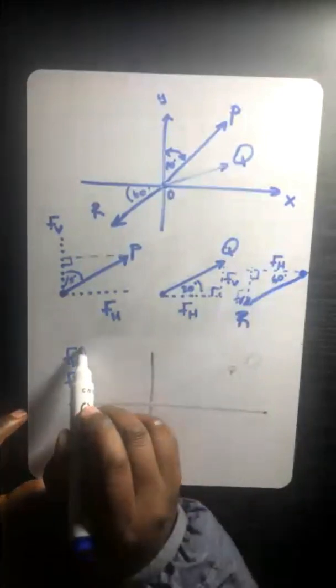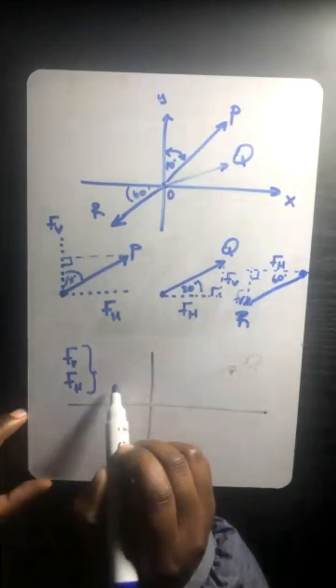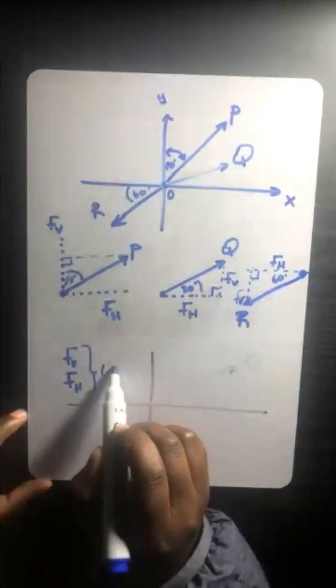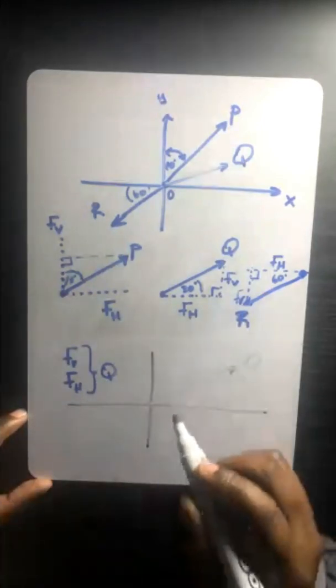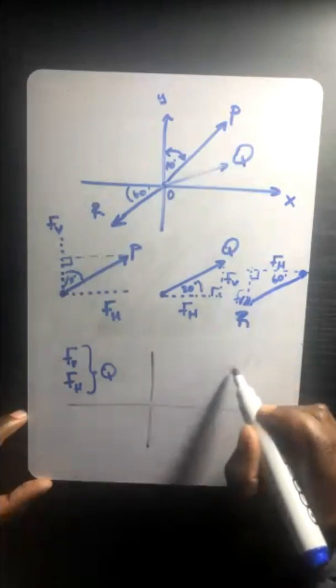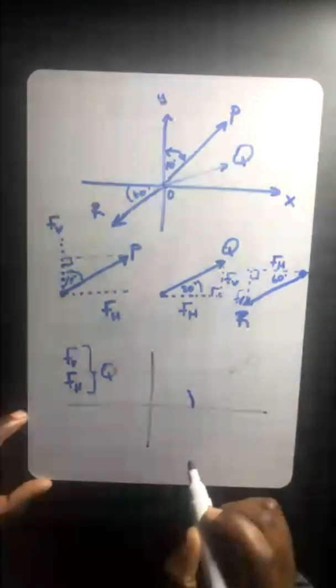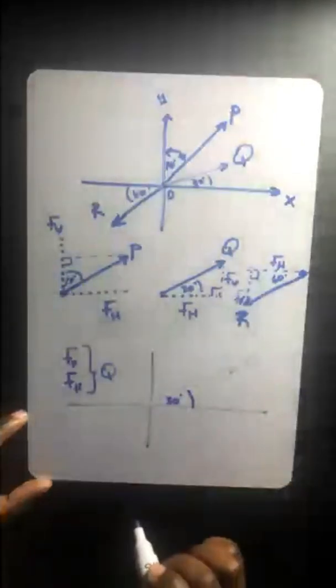So these are the two components of the force Q. Q is being applied in that direction at a certain angle, and that angle is 30 degrees.